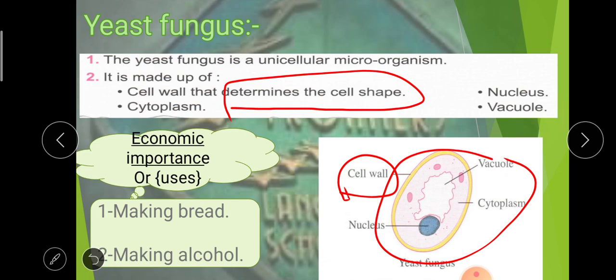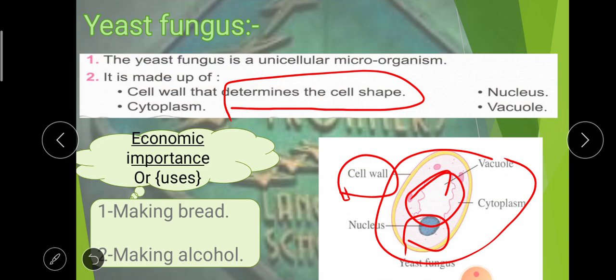After the cell wall, there is a plasma membrane which controls the substances that enter or leave the cell, and a big vacuole to store food. It also has a nucleus to organize all biological operations, because it consists of only one cell.